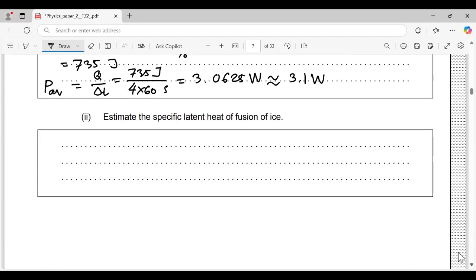Estimate the specific latent heat of fusion of ice. The total thermal energy required to melt is, the formula is Q melt. Q melt is power times time T when melting.